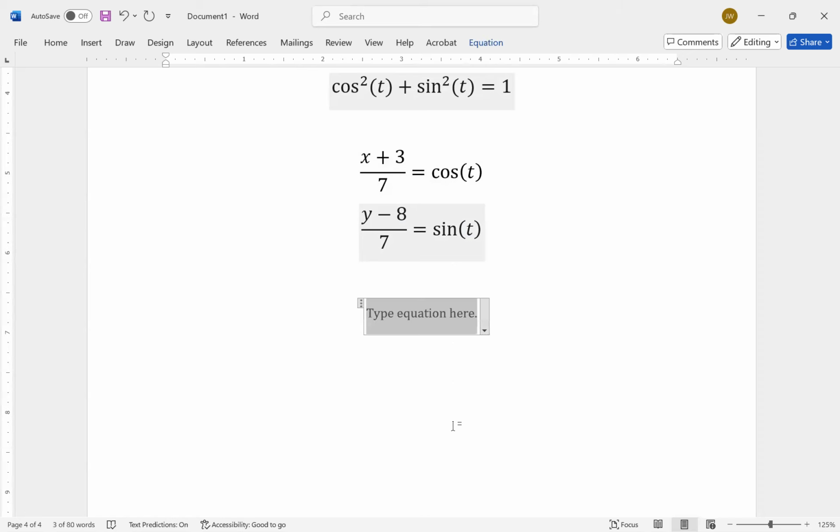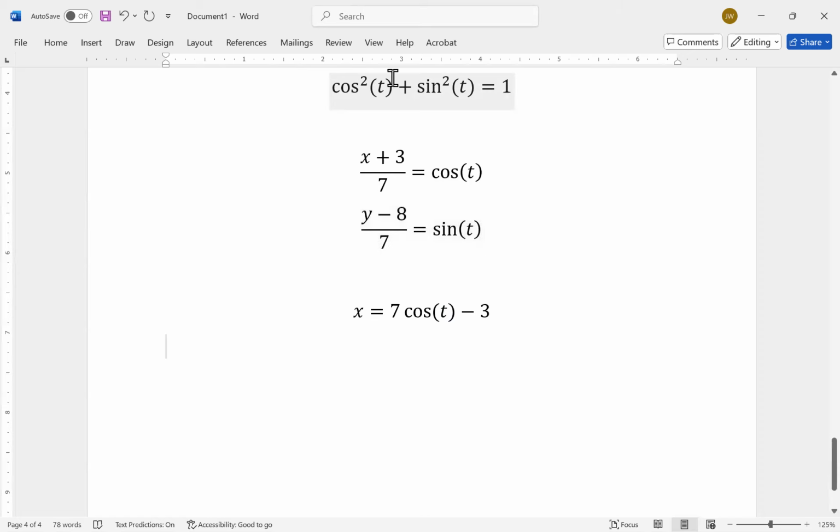When I solve the first one for x and the second one for y, the first thing I would do is multiply both sides by 7. And then I would subtract 3 from both sides. That first equation becomes x equals 7 cosine of t minus 3.